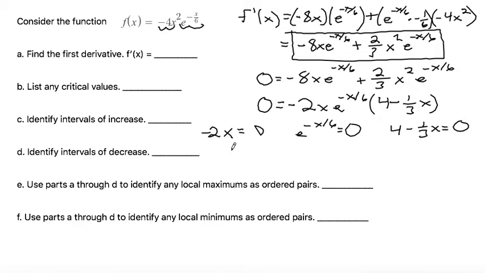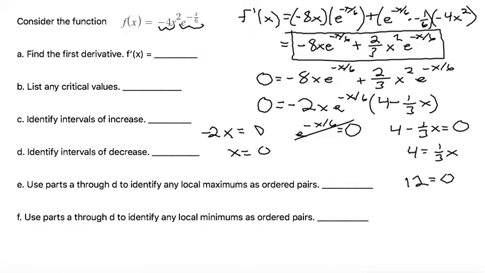So dividing both sides by negative 2, I get x is equal to 0. And a base raised to an exponent can never make 0, so this one doesn't give us any solutions, so we can ignore it. Moving the 1/3 x to the other side, we get 4 is equal to 1/3 x, and then multiply both sides by 3, we get 12 is equal to x.